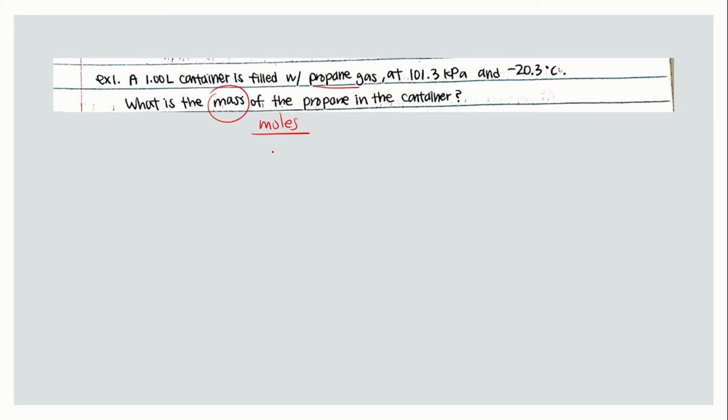In order to find the moles, since it is non-STP, you have to use the ideal gas law. The ideal gas law is PV equals nRT, and you're looking for the moles.